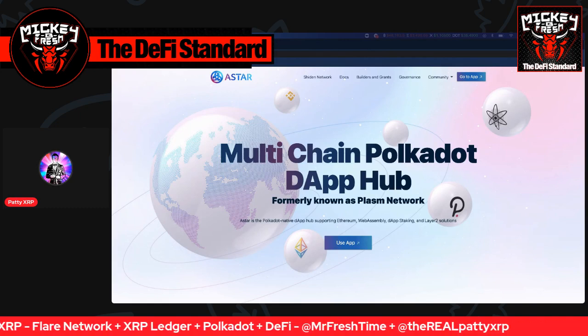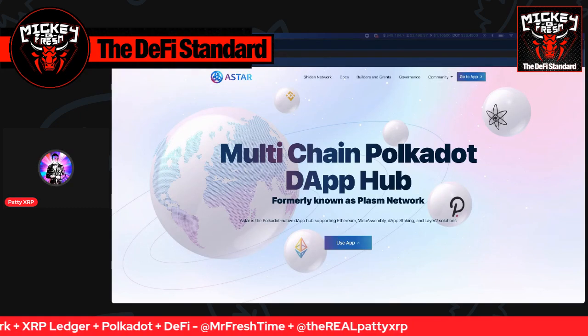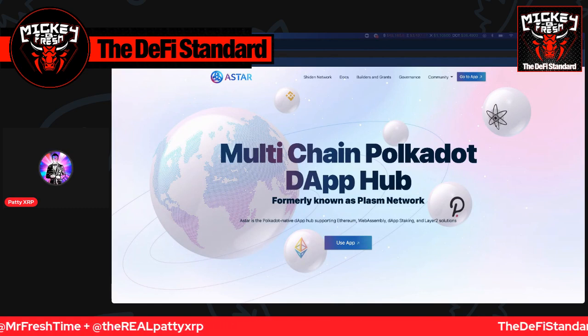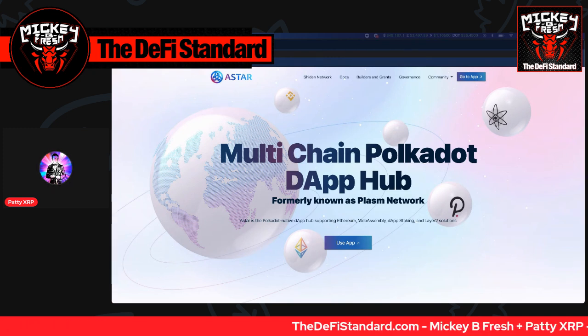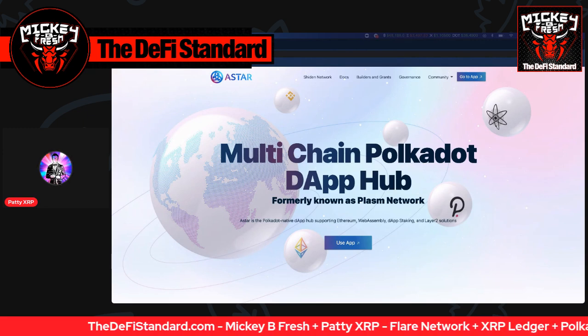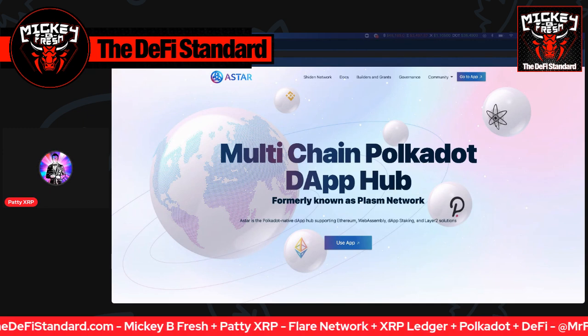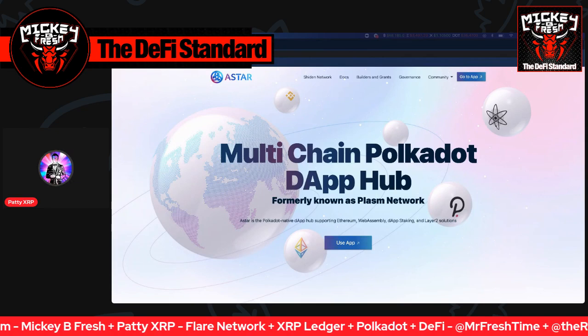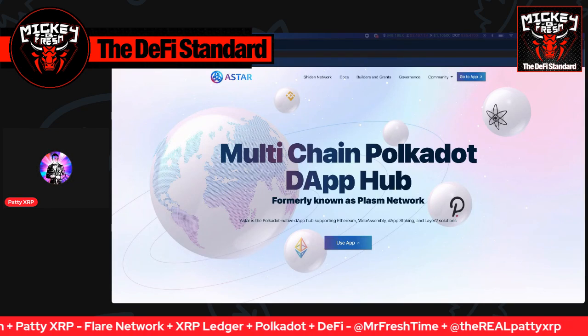And then just to get into what the Astar native token is going to be used for. So like we said earlier, dApp and collator staking, transaction fees, governance, they'll have a DAO. And then also, if you're going to use layer 2 solutions, developers doing that will have to make a deposit down to the L1 smart contract to build their layer 2 solutions on top.